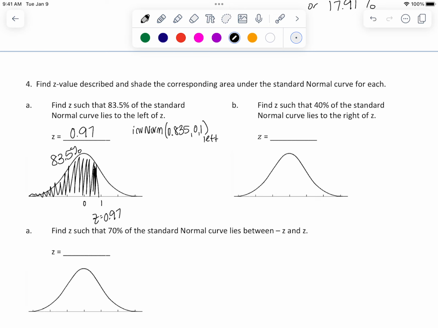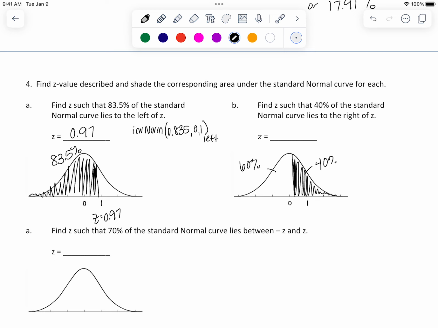For B, find Z such that 40% of the standard normal curve lies to the right of Z. So in this case, again, here's our 0, here's our 1. 40% is going to be to the right, so we're going to be somewhere about here. Now we want this 40% to the right, which means that we have 60% on the left.